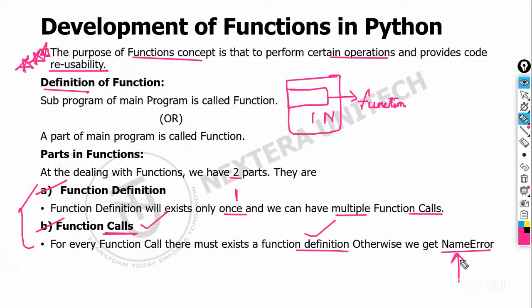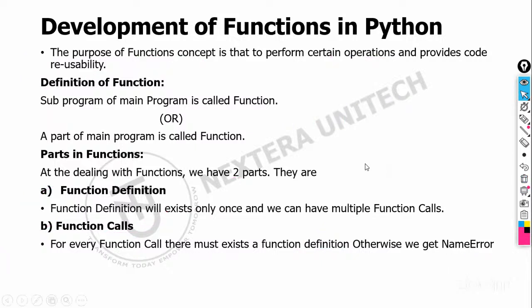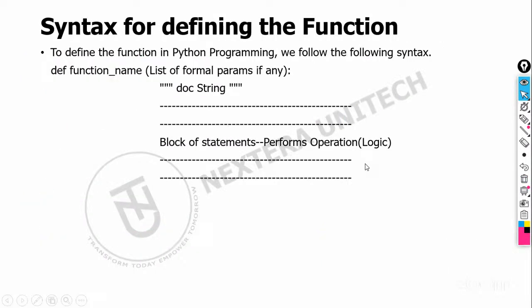Now, let us also understand the syntax for defining a function in Python. Whether it is conditional statements or data types, we have understood syntaxes, how we are supposed to define an object.